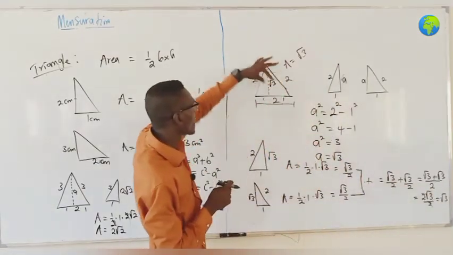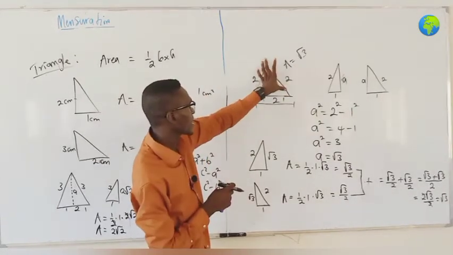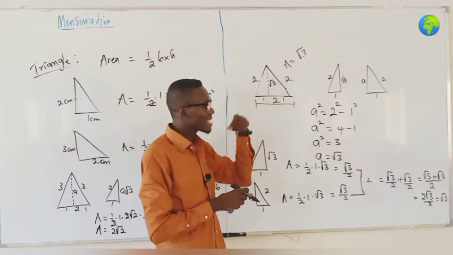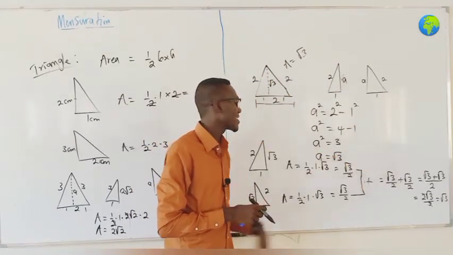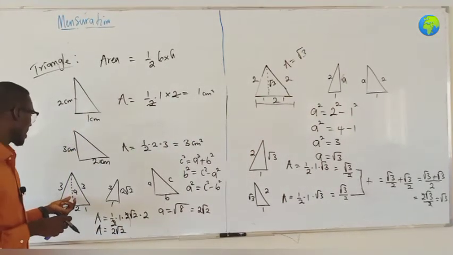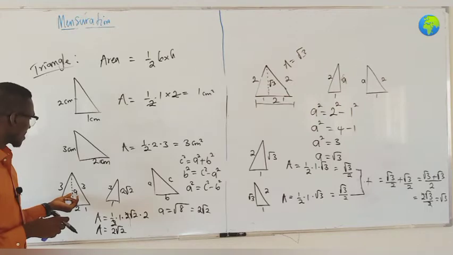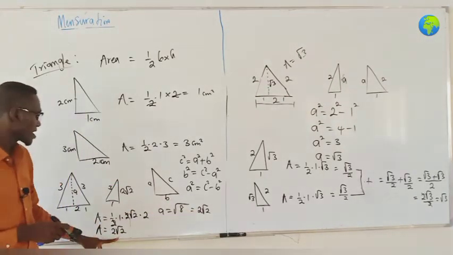That means when we have a certain triangle, be it isosceles or equilateral, calculating the height will determine what you get to be your area. Same thing with this, as you can see. We calculated that the missing side, which is the length, or should I say the height, which is a, equals 2 root 2. At the end, we still arrive at 2 root 2.